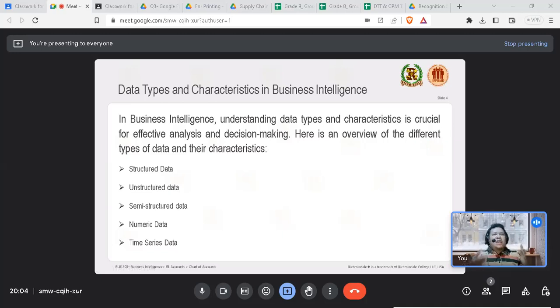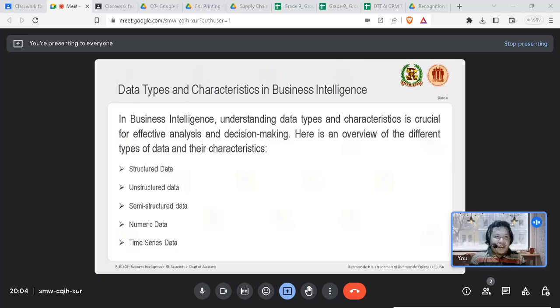Speaking of structured data in business intelligence, it refers to organized, well-defined data that follows a predefined schema, or data model.